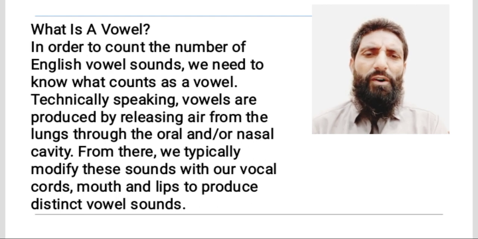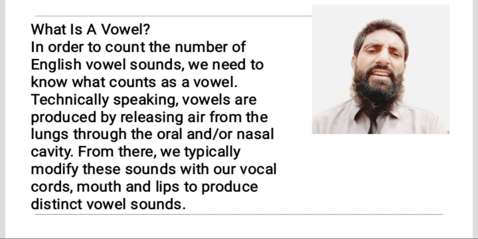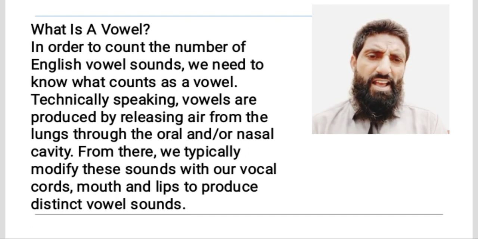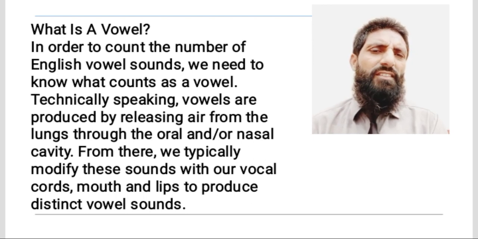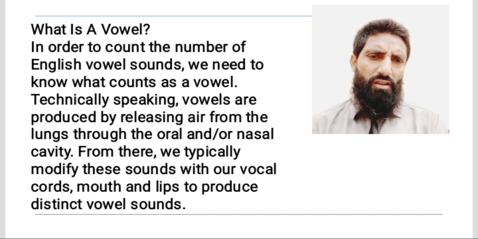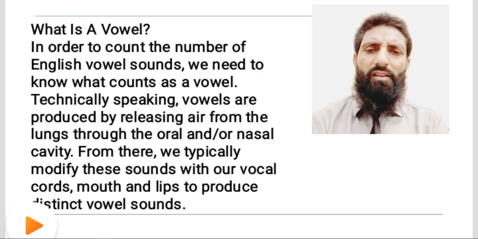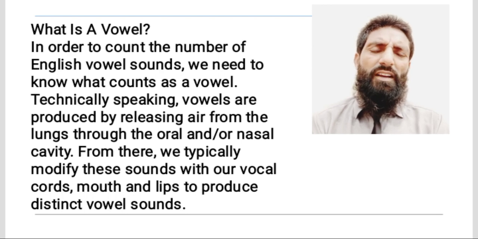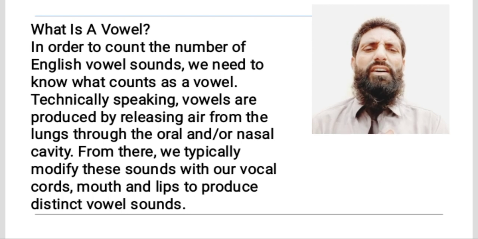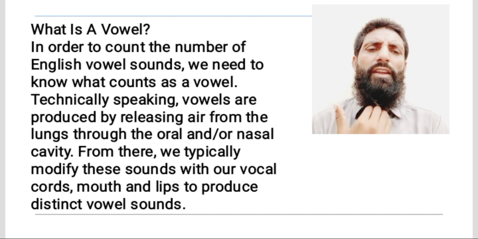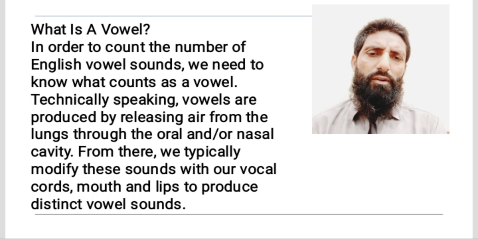start from our lungs. So air is basically released from the lungs, and it actually passes through the vocal cords, and it creates some type of disturbance there, which we simply call oscillations. Oscillations can also be understood as vibrations. So air released from the lungs and passing through the vocal cords and going outward from the mouth creates a disturbance in the vocal cords.